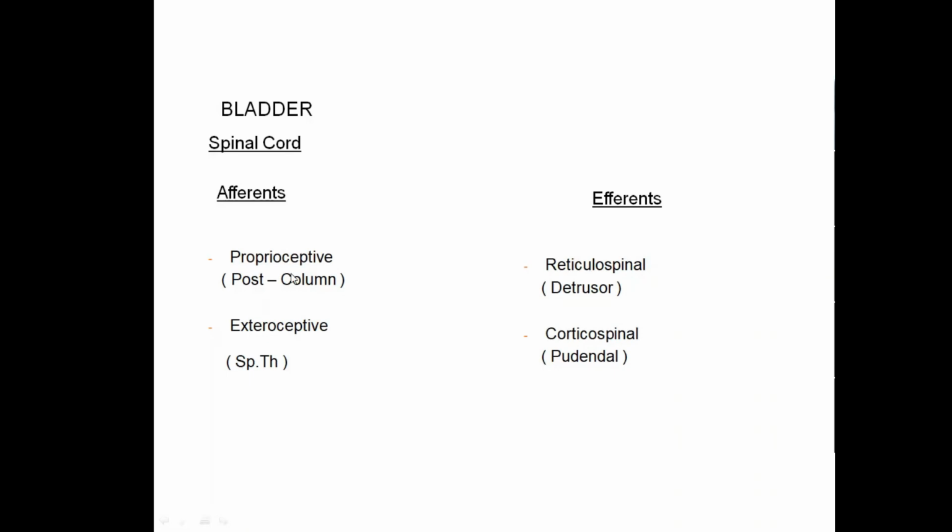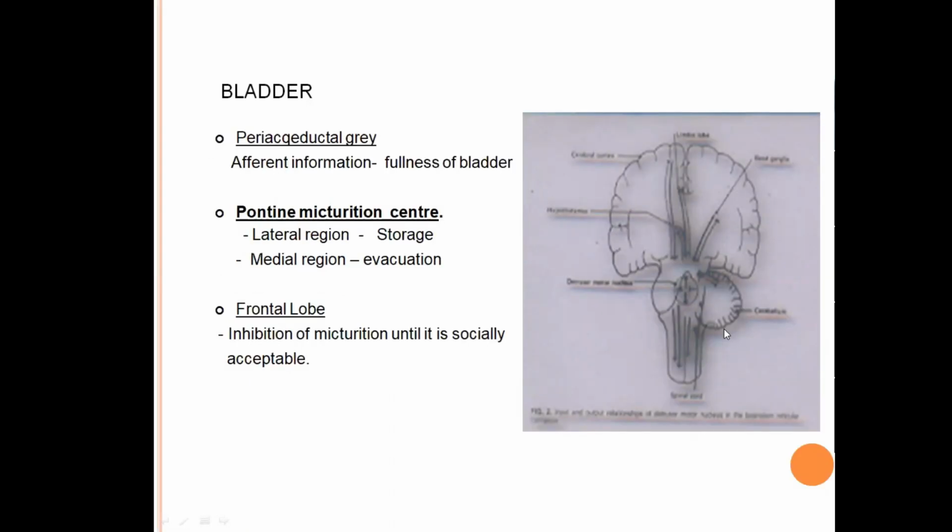So these are the afferents and these are the efferents. The main center for the bladder is called the pontine micturition center, which, as the name goes, is in the pons. The lateral part of the pontine micturition center is for storage. The medial part is for evacuation. So this is the most important center for the bladder.